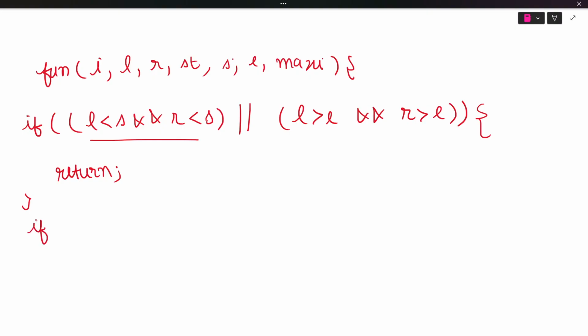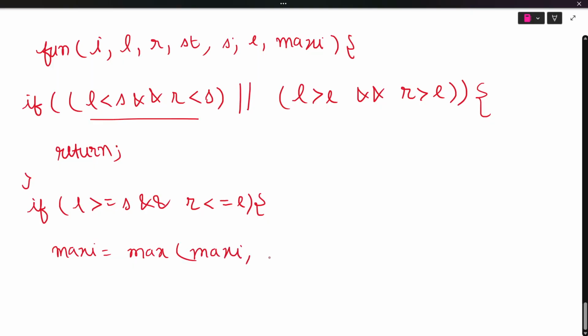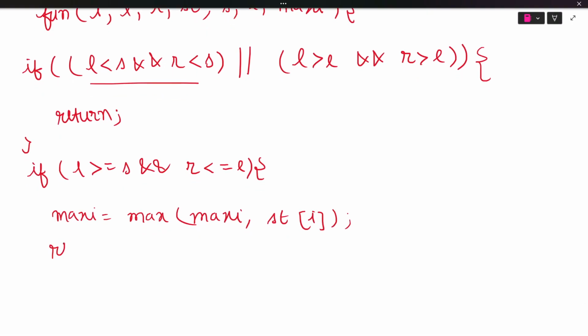And if it is completely in a range, start, and the R is less than or equal to E, which means it's completely in a range, then we can just calculate maxi equals to maximum of maxi comma segmentary of I, and we can return from here, right?